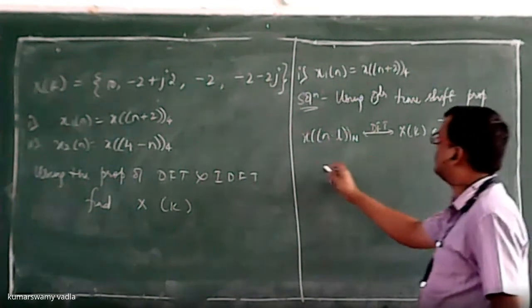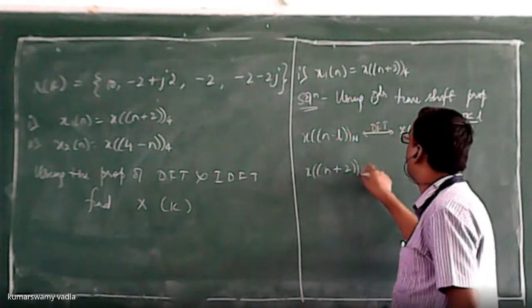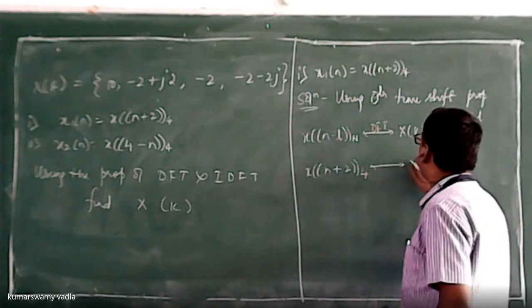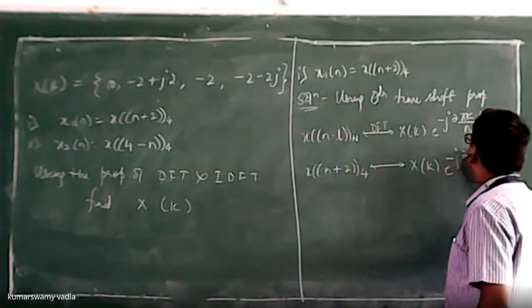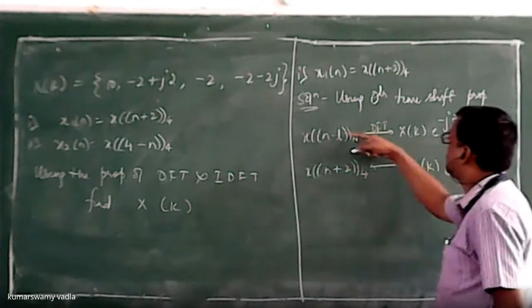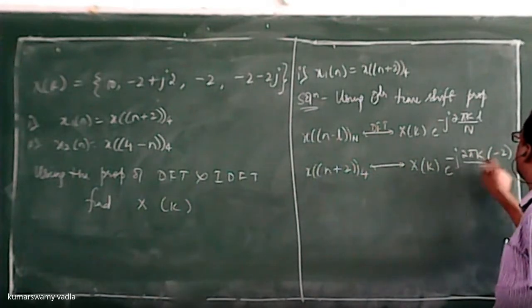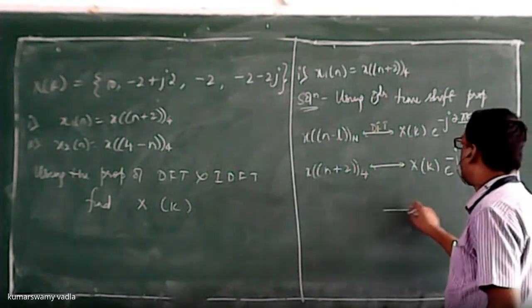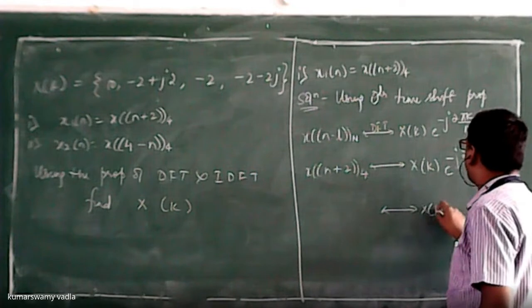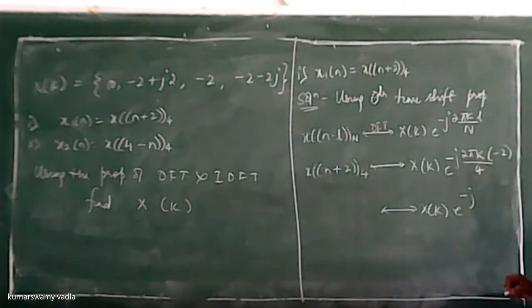Now he has given us x of (n plus 2) mod 4. That means on the right-hand side you get e power minus j 2 pi k L by N. What is L, friends? L is minus 2, and N is 4. So on the right-hand side you will get X of k into e power minus j, minus into minus gives plus j.